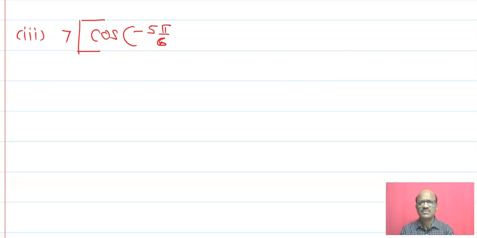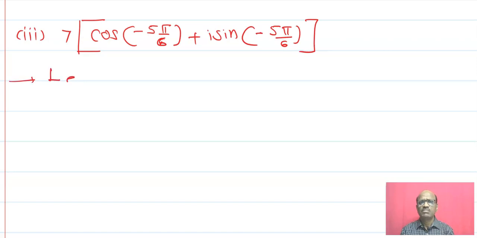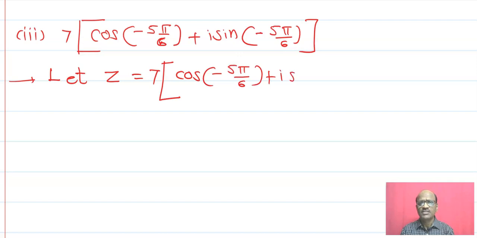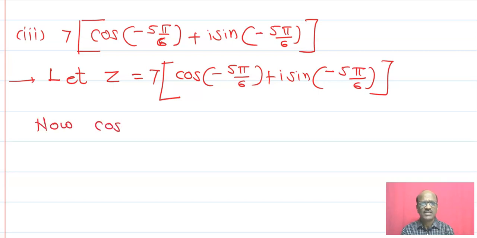Now next, finding the values of these angles is very important. z equals 7 in bracket cos of minus 5 pi by 6 plus I times sin of minus 5 pi by 6. Now here we require one more formula. You learned that formula in 10th standard: sin of minus theta is minus sin theta and cos of minus theta is cos theta.